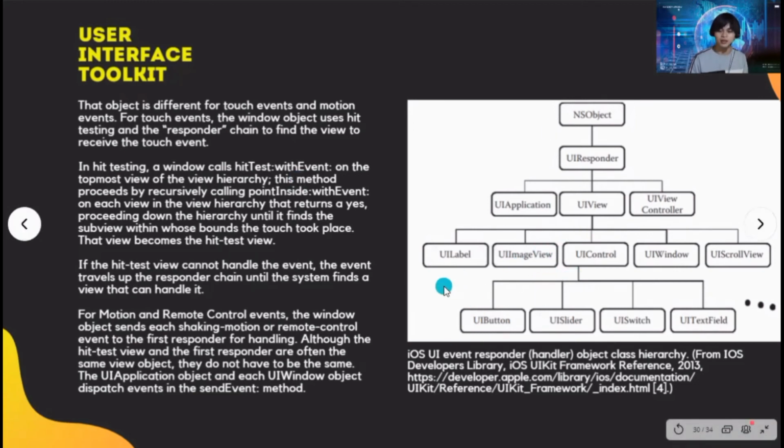This is a sample hierarchy, the event responder object class hierarchy. In an object, there is a responder, and from that responder there are the application, UIView, and UIViewController. Then for the UIView, there are the label, image view, UIControl, window, and scroll view, and in a UIControl there are button, slider, UISwitch, and UITextField.